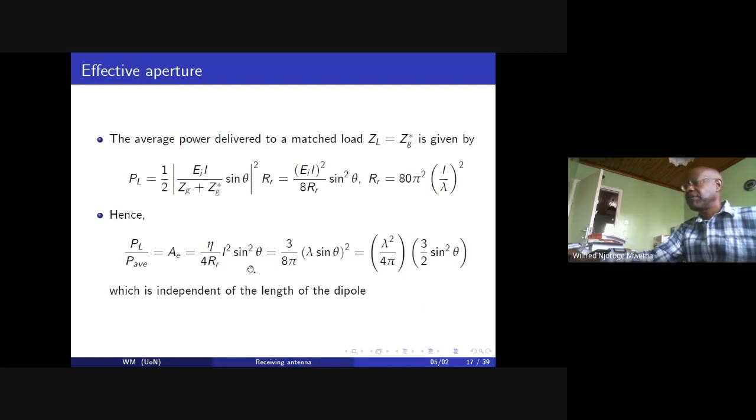But remember, for us to get this value, we had to assume that L was much smaller than lambda. Therefore, for antennas whose lengths are much smaller than the operating wavelength, this would be the expression for the effective aperture of the antenna.